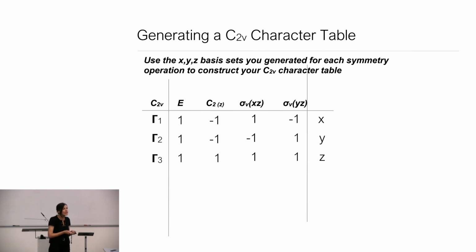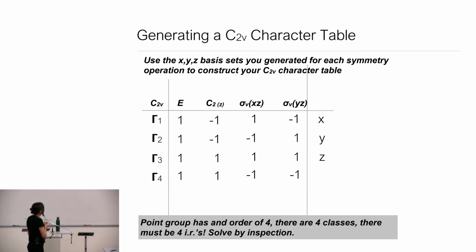So I'm missing 1 irreducible representation, and this is a case where one can easily solve by inspection, knowing that my 4th irreducible representation needs to be orthogonal to the other ones that are present, right? And this is how I complete my C2V character table.